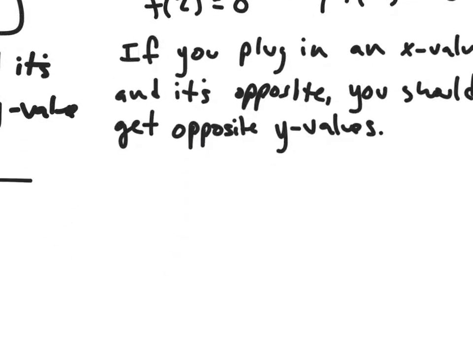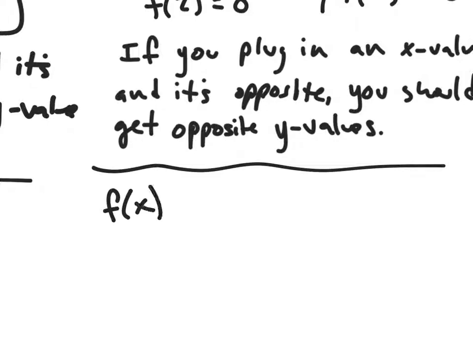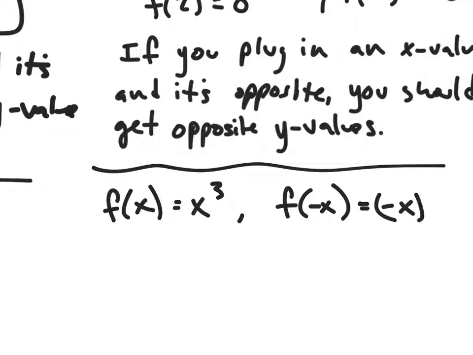Now you could also do the other approach: if f of x is equal to x cubed and you plug in negative x into that function, you get negative x quantity cubed. So f of negative x is negative x times negative x times negative x. If I multiply three negatives together, I get a negative number.